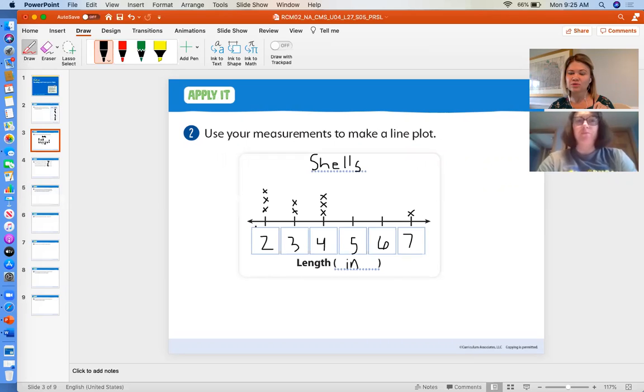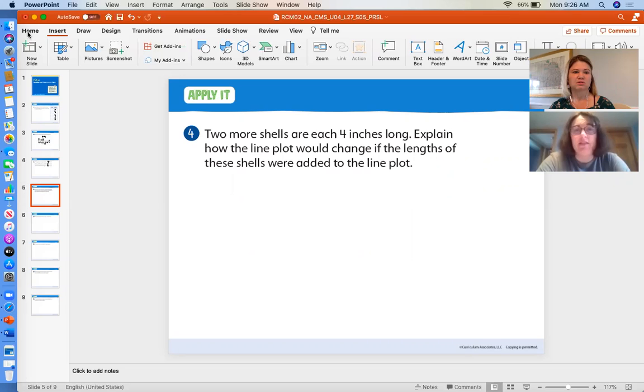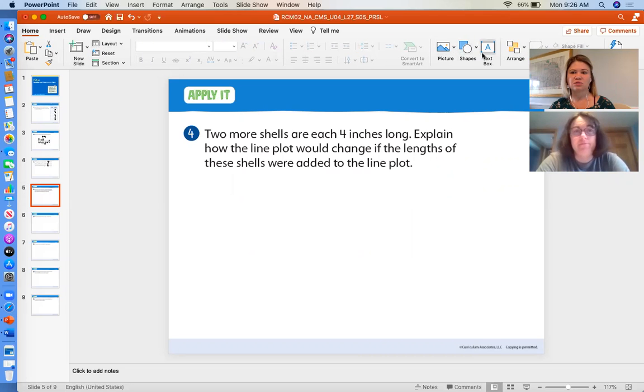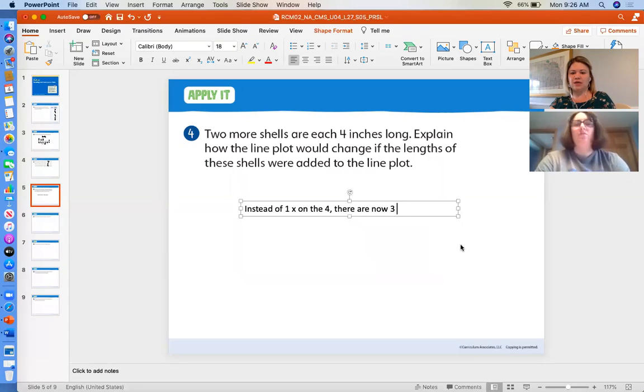And now the most common lengths are 2 and 4 because they both have 3. Is that how it changed? It was just that we changed the X's. Instead of 1 X on the 4, there are now 3 X's.